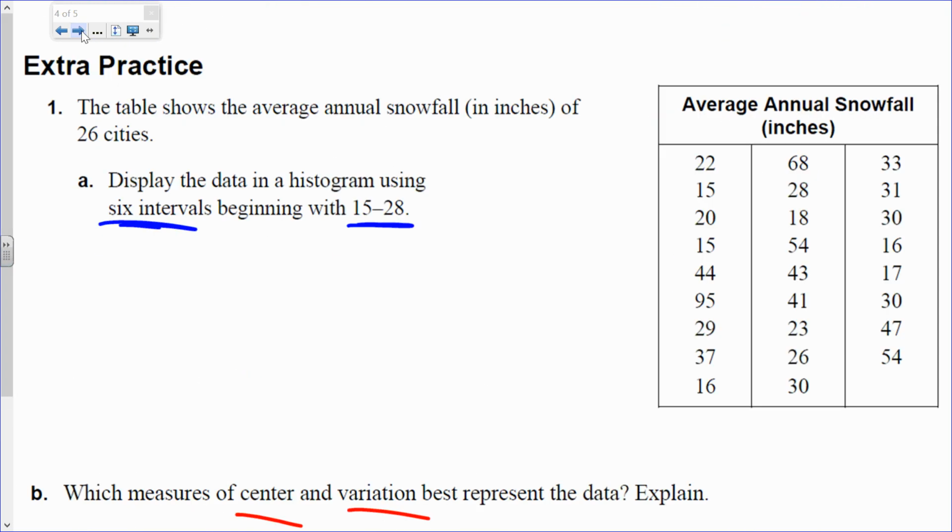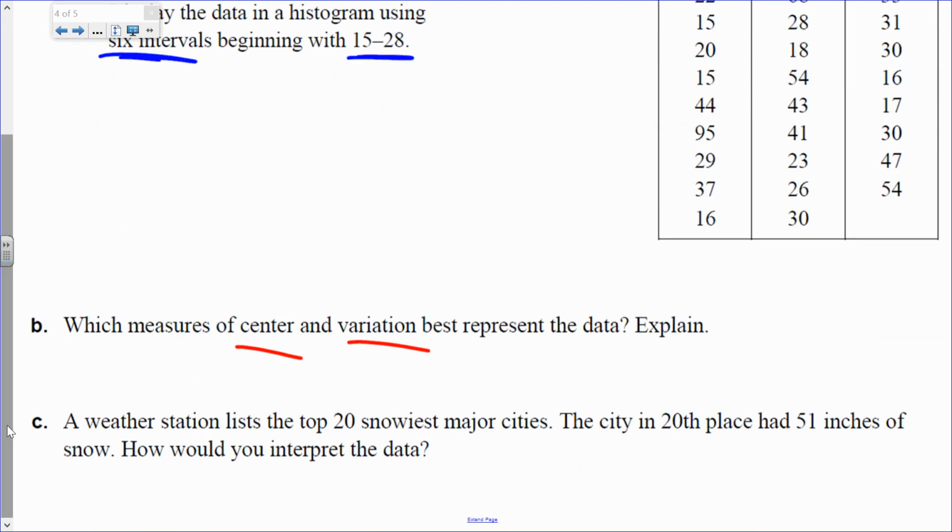So let's go and answer that. Part B says, so going to write for center, use median, because it's skewed, period.